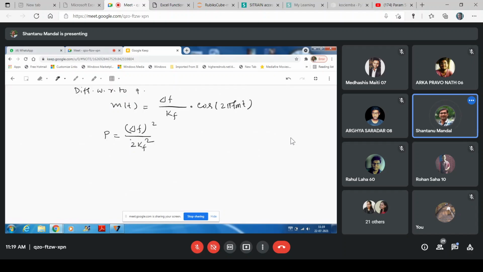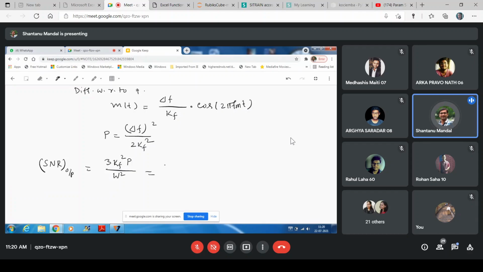P equal to this. Now SNR output is equal to 3 kf square into P by W square.